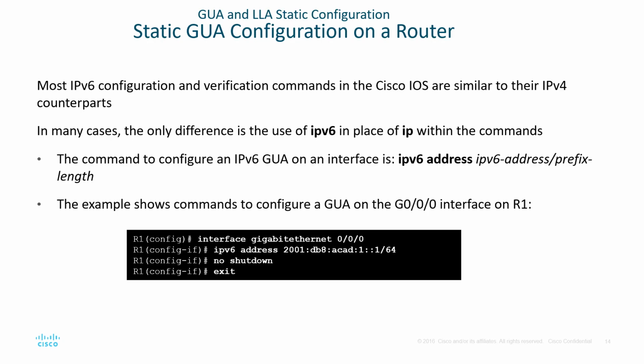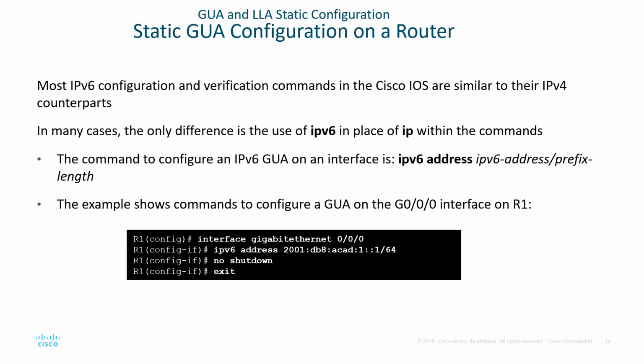Most of the configurations and verification commands in Cisco's IOS are similar to IPv4. In many cases, the only difference is the use of IPv6 in place of IP within the command itself. The command to configure an IPv6 GUA on an interface is ipv6 address. Then be careful here.